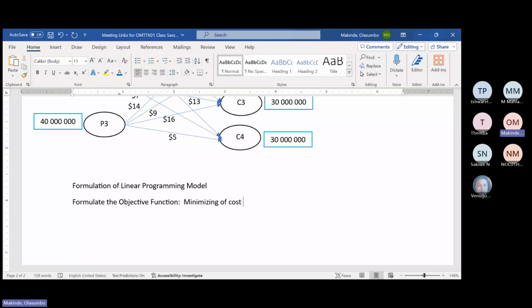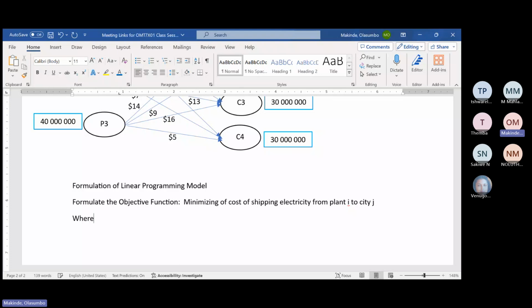Minimize the cost of shipping electricity from plant I, I will call it plant I, to CTJ. I will tell you what that means now. That's why mathematics, some of you get confused. They say, why are we talking about J now?